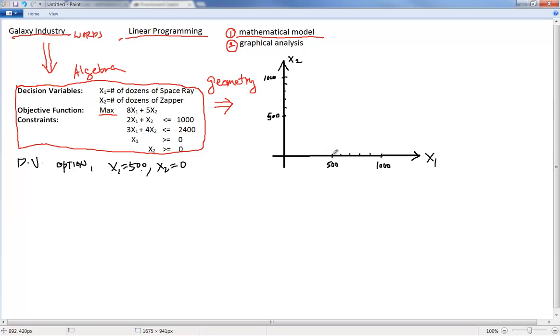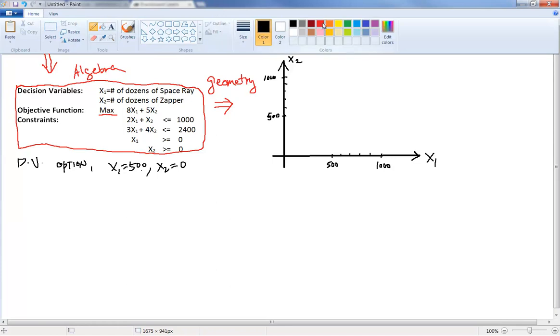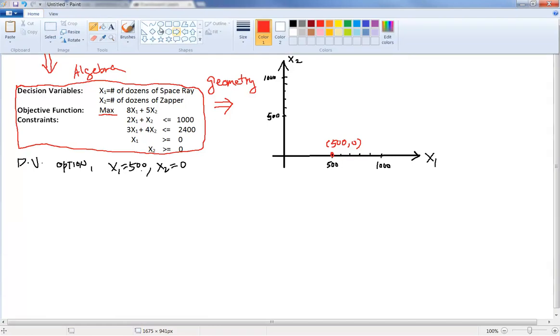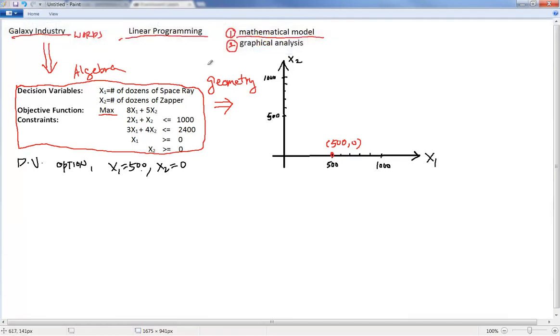So this point, let's use another color. So here 500 and 0, the solution, the production plan for option 1 will be represented as this point right here at 500, 0. So similarly, we can represent the solution from option 2.